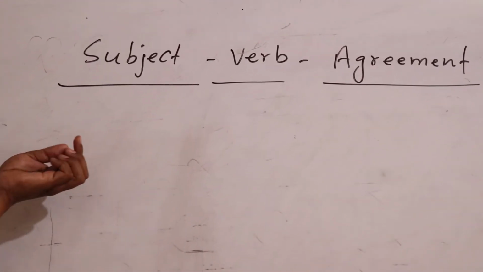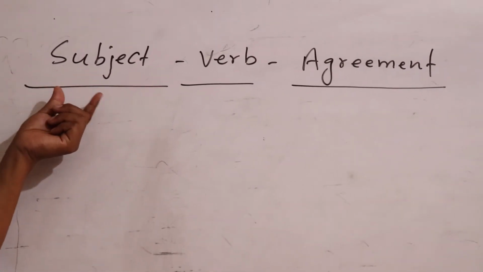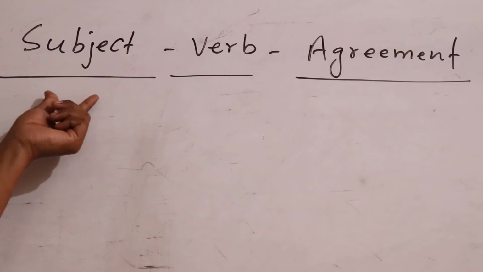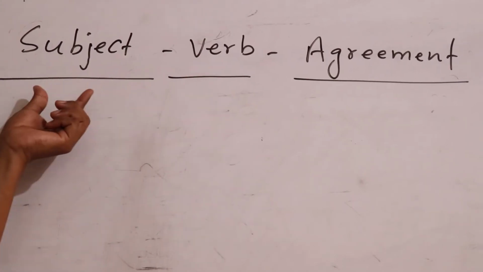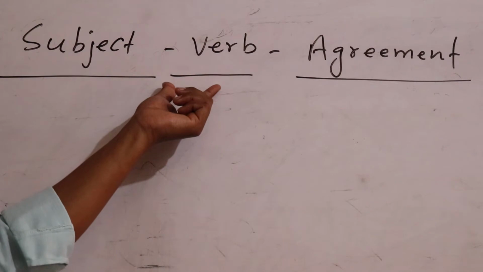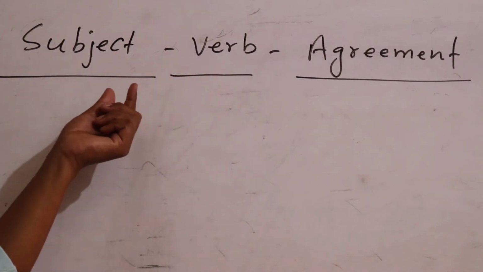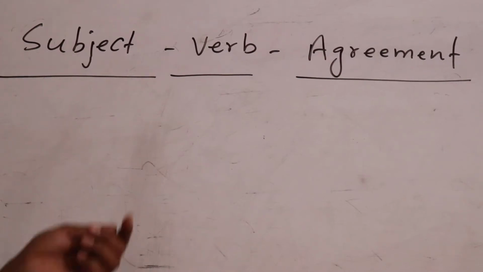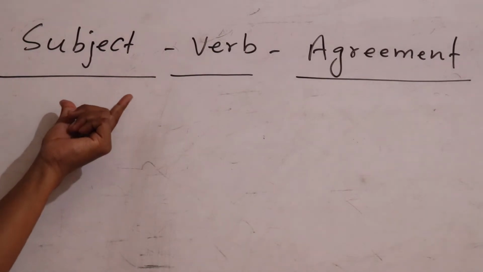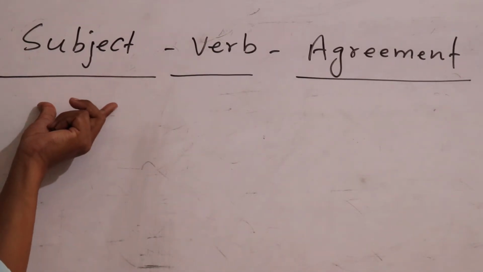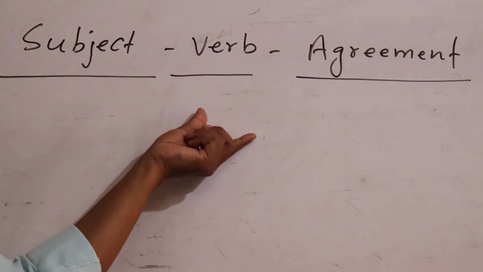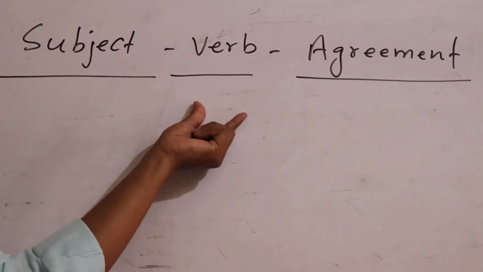So you might have heard about this term. These terms are very familiar to you. Without subject, without verb, a sentence is incomplete. From your earlier classes, let's say from class 1, 2, 3, 4, 5, you have heard this term and studied what actually the subject is, what actually the verb is, the definition, the types of verb, and so many things about this.